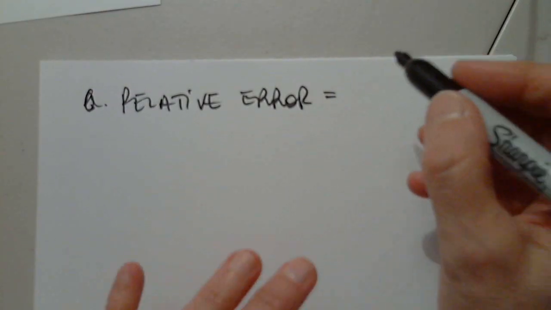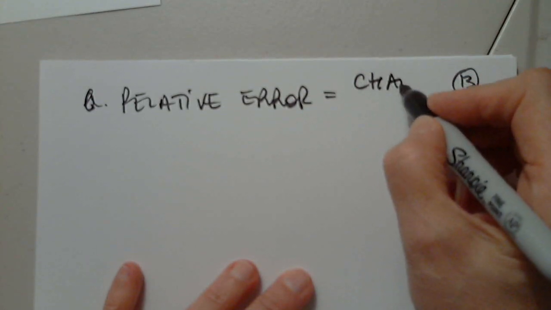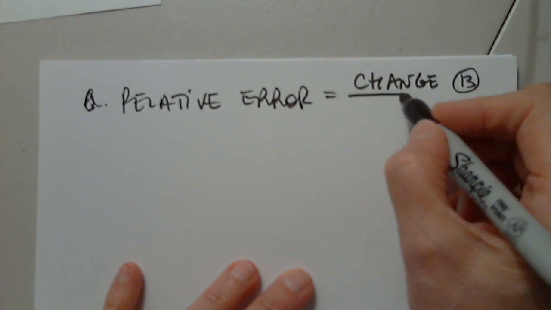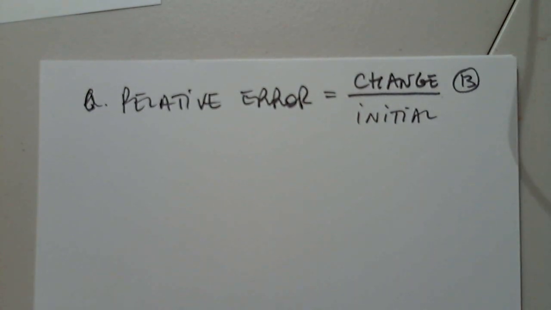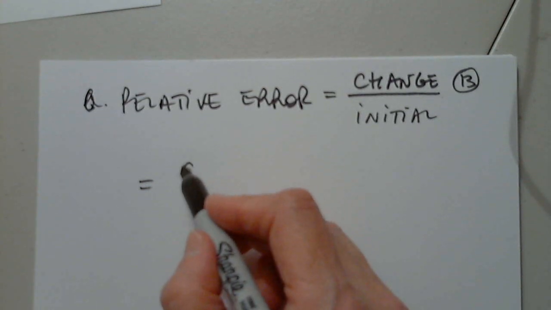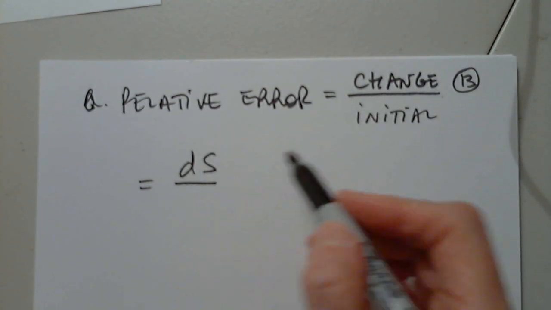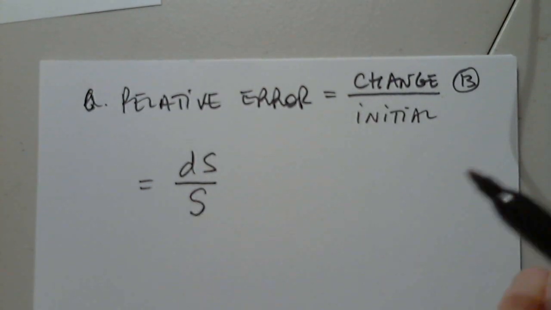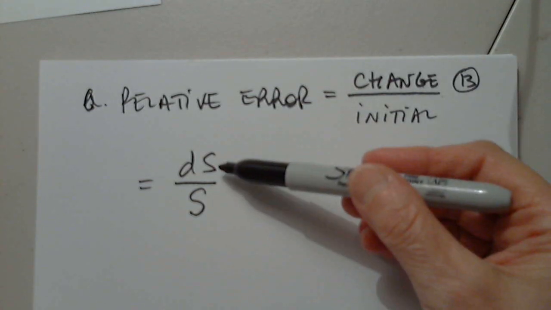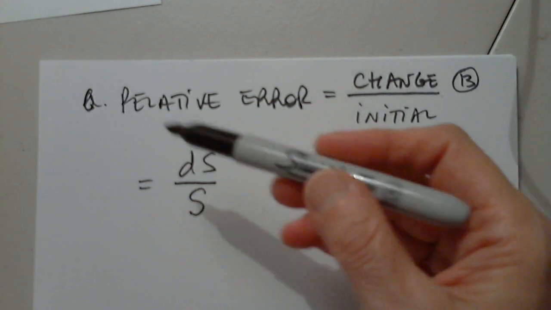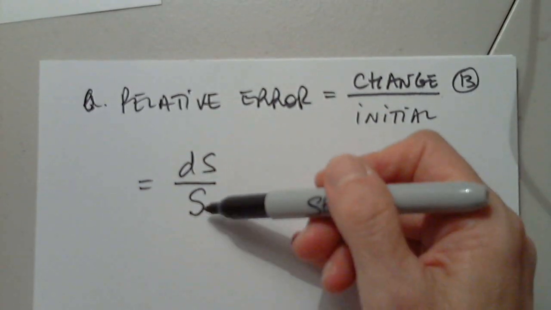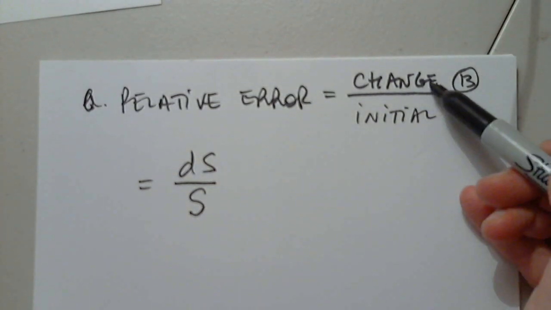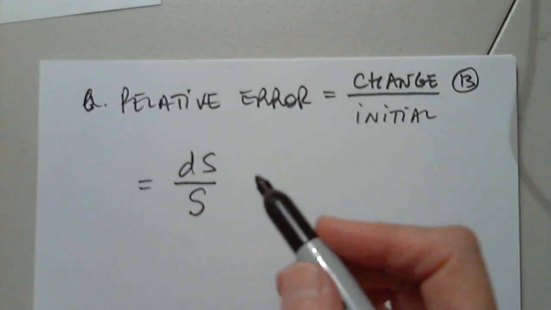The relative error is the change over the initial. So the change will be ds. The initial will be s. So the change is the approximated, right, that we just determined, and s is the actual surface with no error in it.